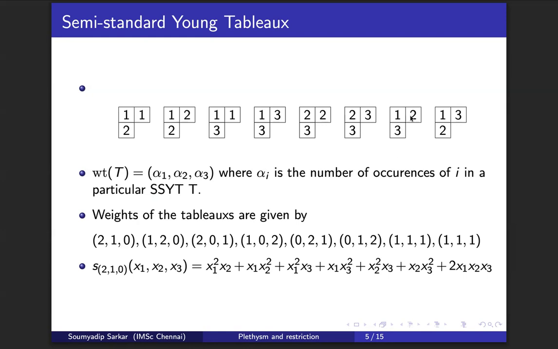If you take the last tableau, 1 2 3, 1 occurs once, 2 occurs once, 3 occurs once. So the weight is 1, 1, 1. Then you raise the variables x1, x2, x3 to these weights and sum them up, and that is your Schur polynomial corresponding to the partition 2, 1, 0.